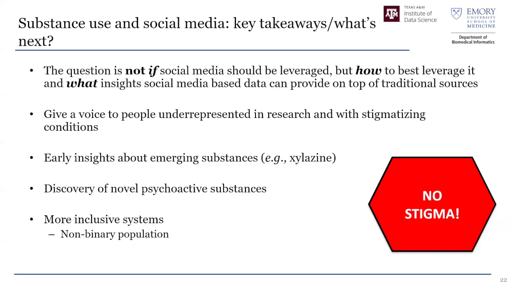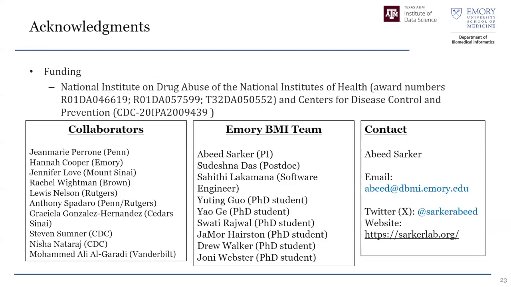If people are self-disclosing their gender identity, and we know that overdoses are probably more common among non-binary people and overdose-related deaths can be a bigger problem, we can build systems that not only estimate the distribution of binary gender identities, but also non-binary people. And with that, I'll end it.